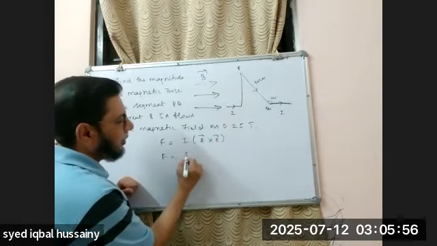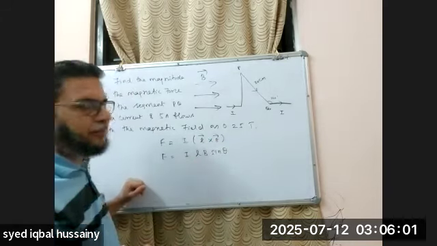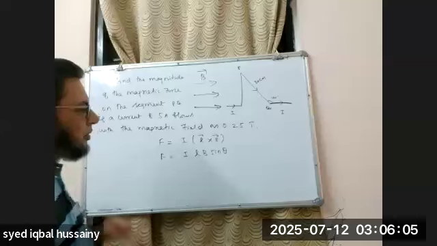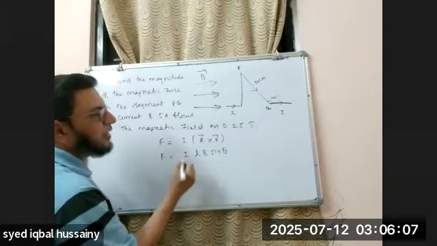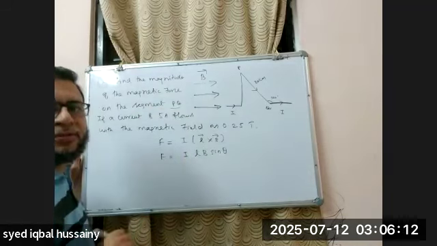So F equal to I L B sin theta in normal form. In cross product we use sine. Which segment are they asking? The PQ segment. So force on the PQ segment.